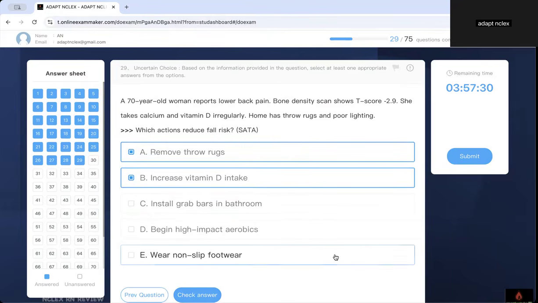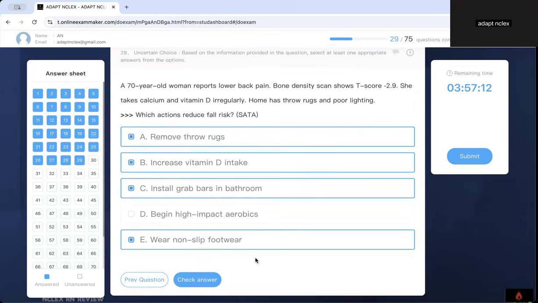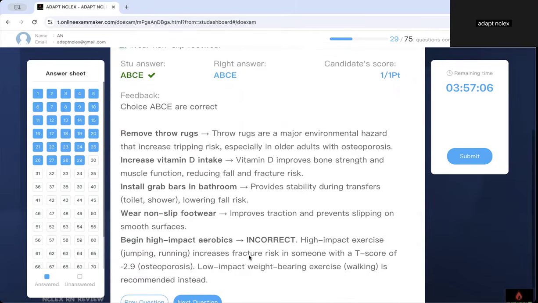More vitamin D. Of course, grab bars in your bathroom so that you don't fall. If you're preventing osteoporosis, moderate, no high impact aerobic exercise. And of course, something that will prevent you from falling: wear non-slip footwear. These are questions to test your knowledge, and this explanation is health promotion.